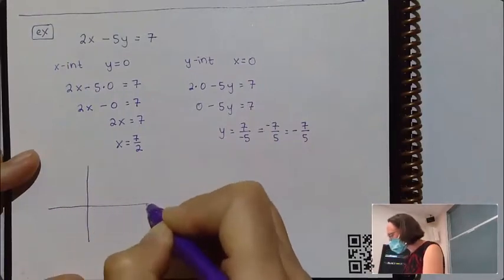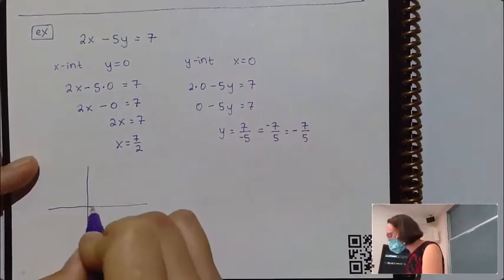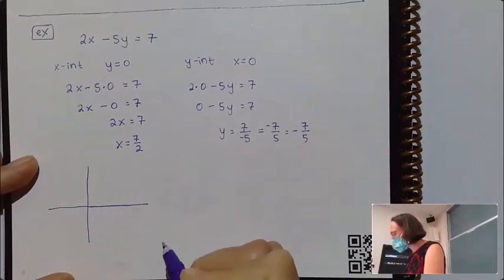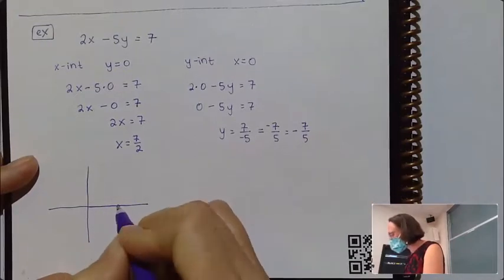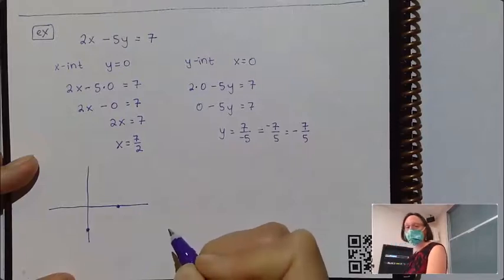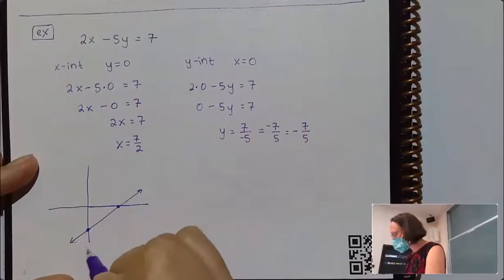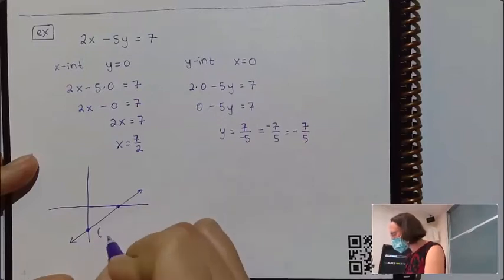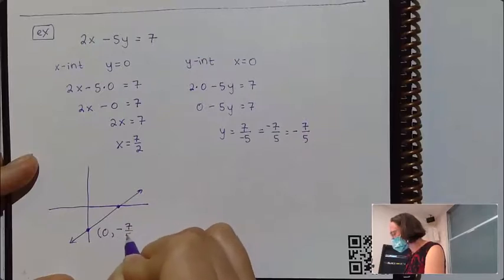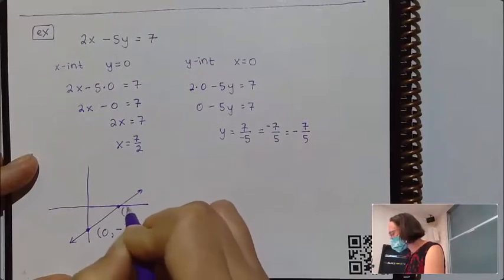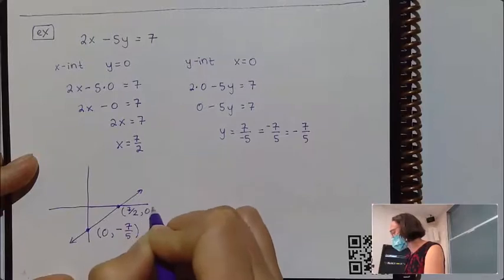So if I go to find our graph, my x value is something positive, my y value is something negative. I'll just come back in here and label this. So this was 0, -7/5. And then this one was 7 halves, 0.